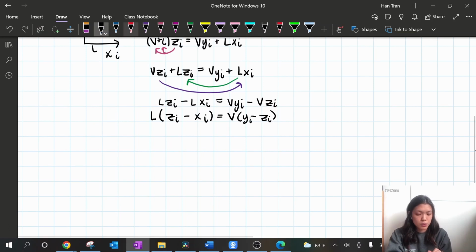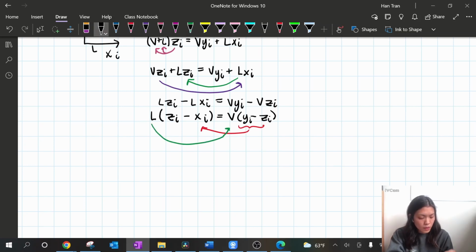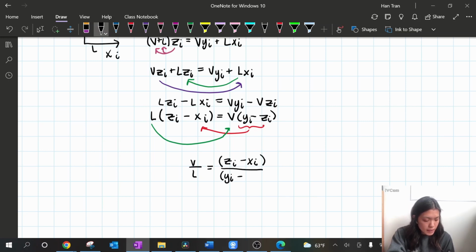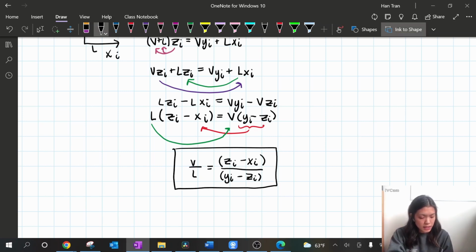Then if we move this quantity over this way and the L over this way, we are left with the vapor-liquid ratio, vapor over liquid, equals the quantity of the feed mole fraction of component i minus the liquid mole fraction of component i, over the vapor mole fraction of component i minus the feed mole fraction of component i. So what we have here is the lever rule.